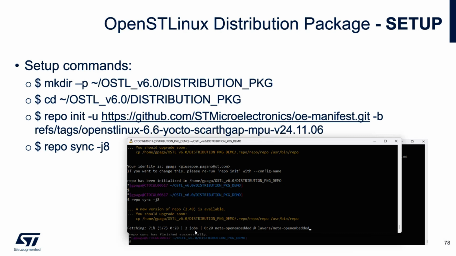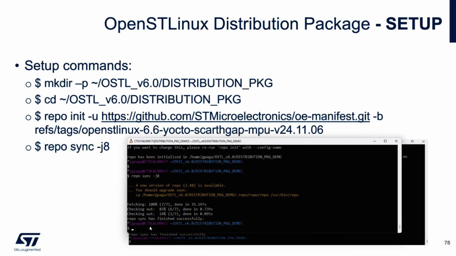So in this moment, only 2 jobs, because maybe I'm just downloading. It's not possible to split the job, but in 3 minutes or less. No, I think less, because we are at 85%. Okay, done. In less than 1 minute, we've downloaded all the distribution package, and we are ready to use it.